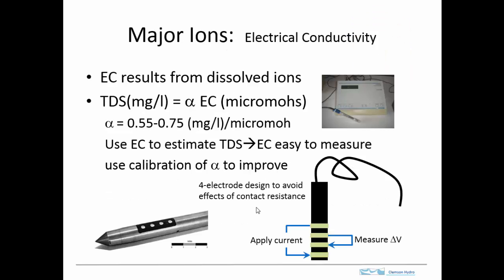Okay, so if we wanted to measure the TDS in water, we could evaporate the water off of each sample. That would be a way to do it, but that's pretty tedious, and we generally don't do that.